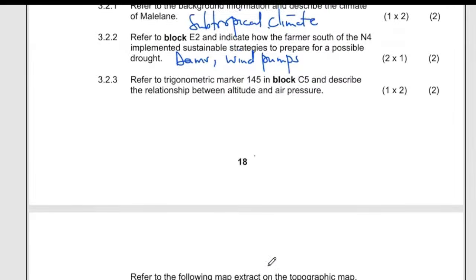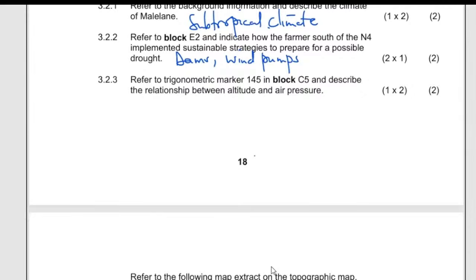Then it says, refer to the trigonometric marker 145 in block C2. Describe the relationship between altitude and air pressure.